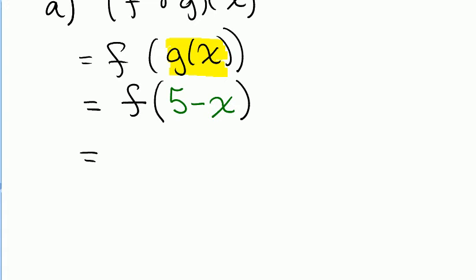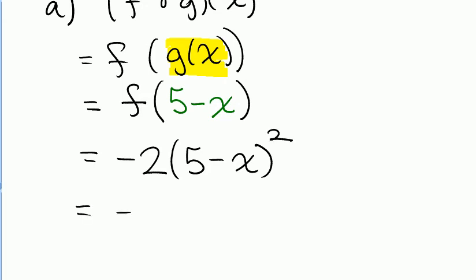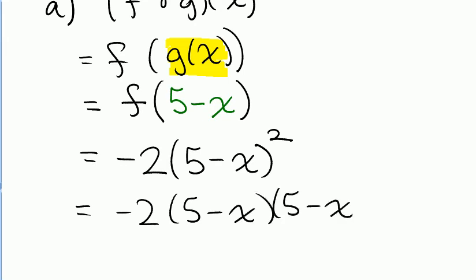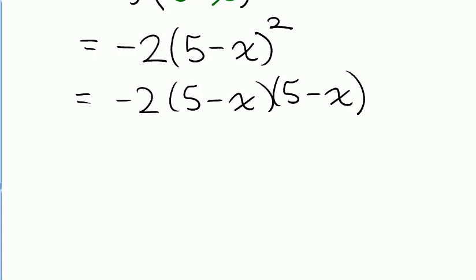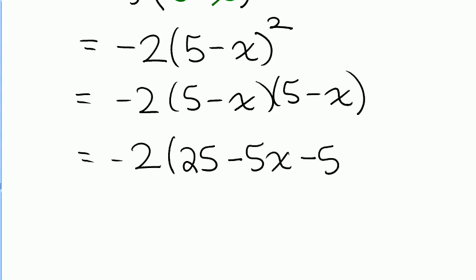So negative 2 times the quantity 5 minus x squared. It's a binomial. When you square a binomial, you FOIL. Which gives us 25 minus 5x minus 5x plus x squared. I will add like terms.